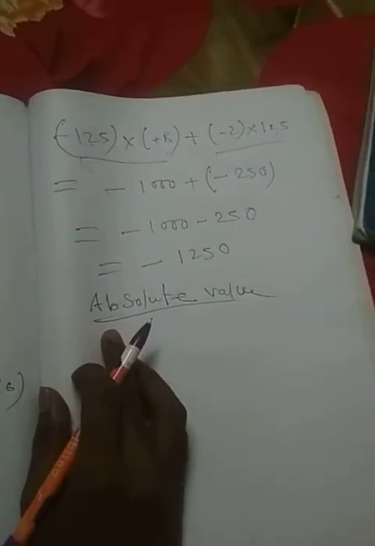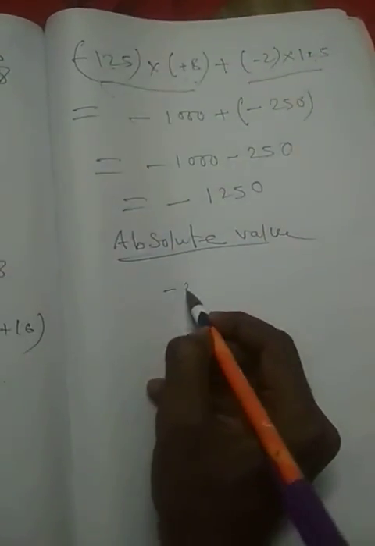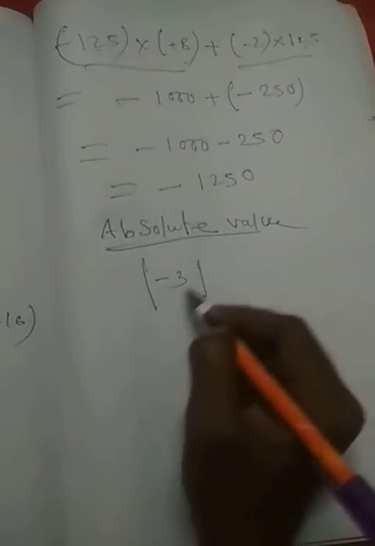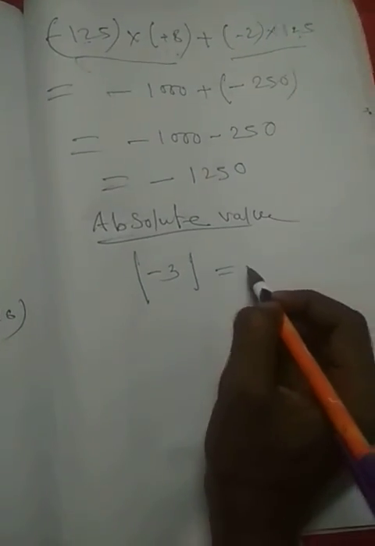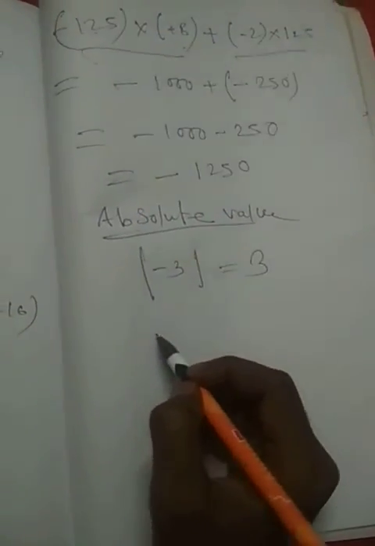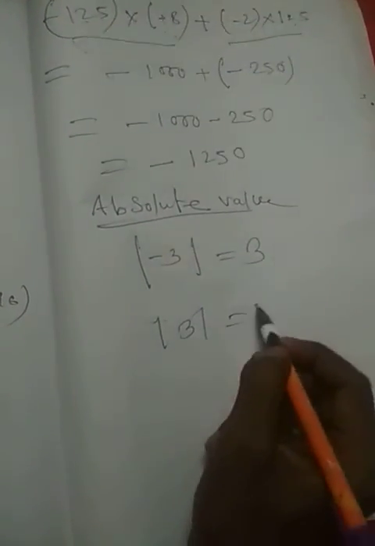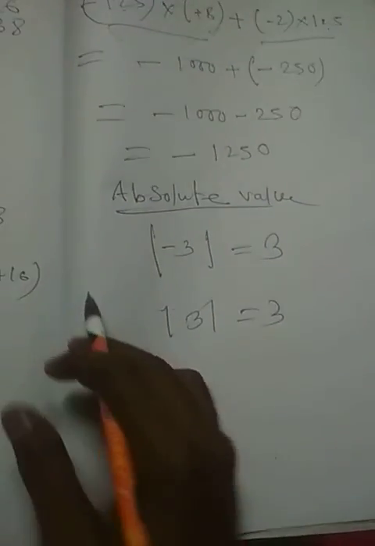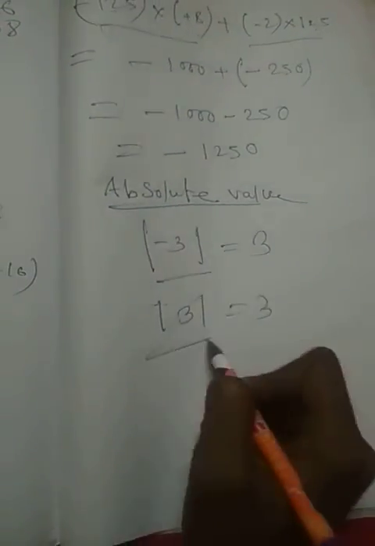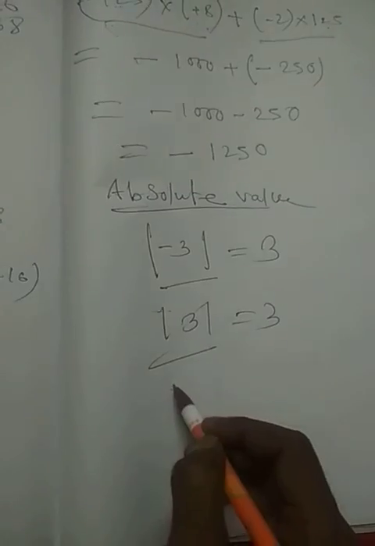The absolute value of any number will be positive. Like the absolute value of minus 3 is equal to plus 3. The absolute value of plus 3 is also plus 3. So the absolute value of minus 3 and the absolute value of plus 3 are equal.